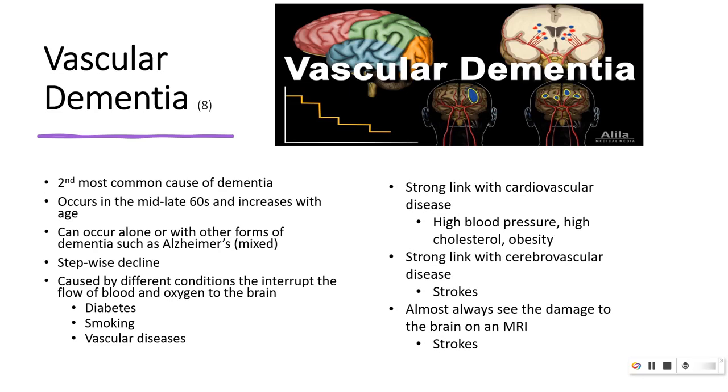Some of the things that they have found with vascular dementia is that it's caused by different conditions that can interrupt the flow of blood and oxygen to the brain. So we're talking about the vessels and the vasculature of the body.